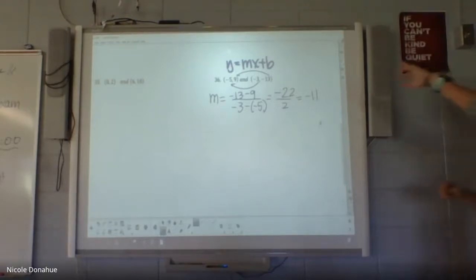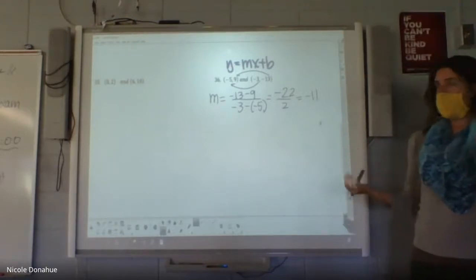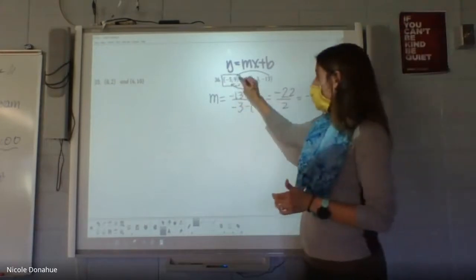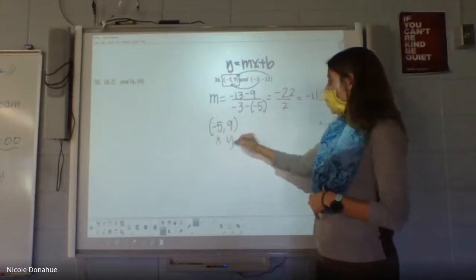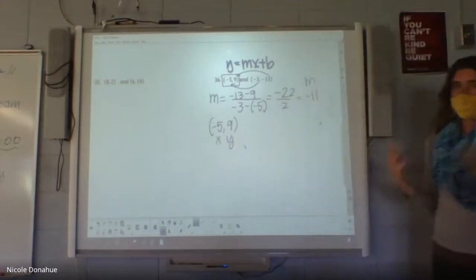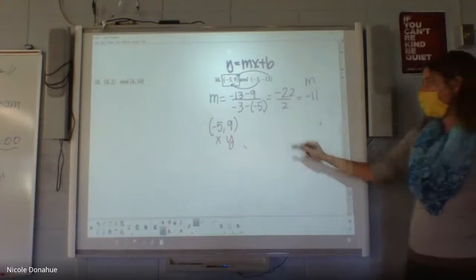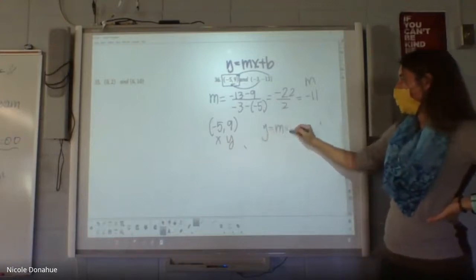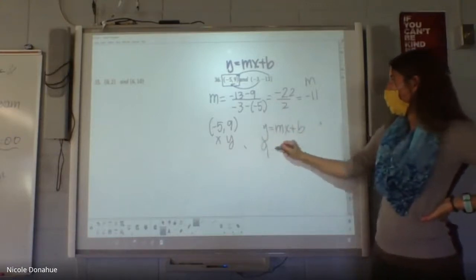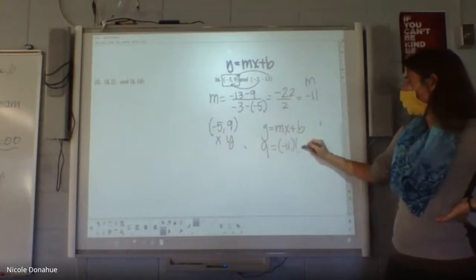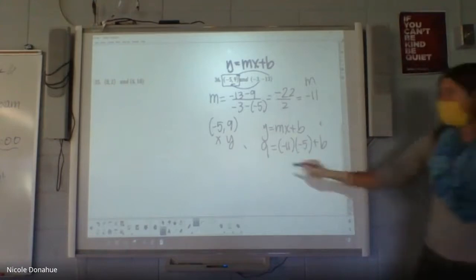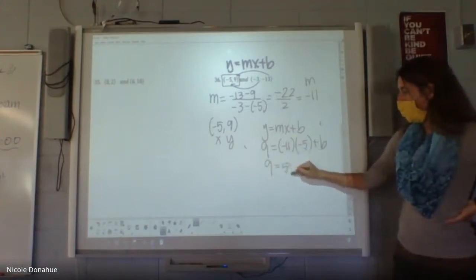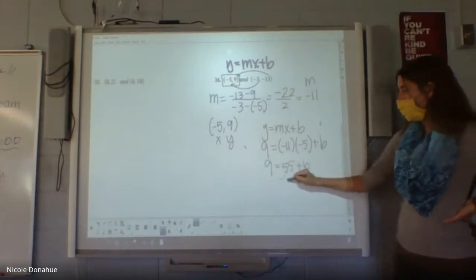Then I have to use one of the 2 points to find my b. So I'm going to use this first one. -5, 9 is my x and y. I have m already, and we'll put this into y equals mx plus b. So, a very large b here.